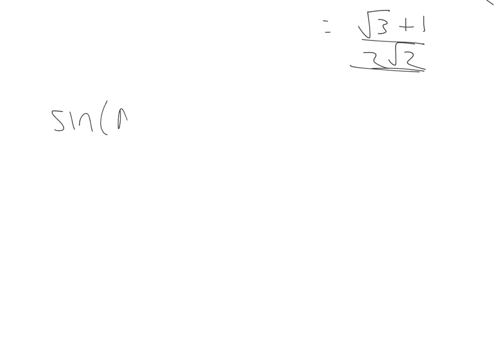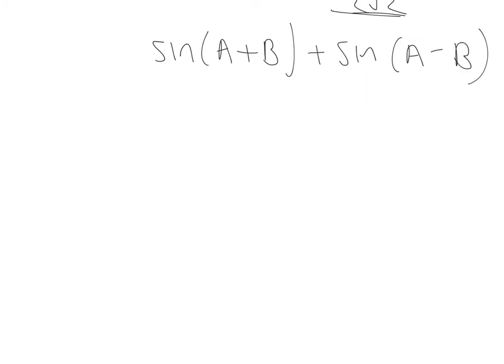So sin a plus b plus sin a minus b. This is pretty easy. Just take what you've got and expand it out. So sin a plus b is sin a cos b plus cos a sin b.